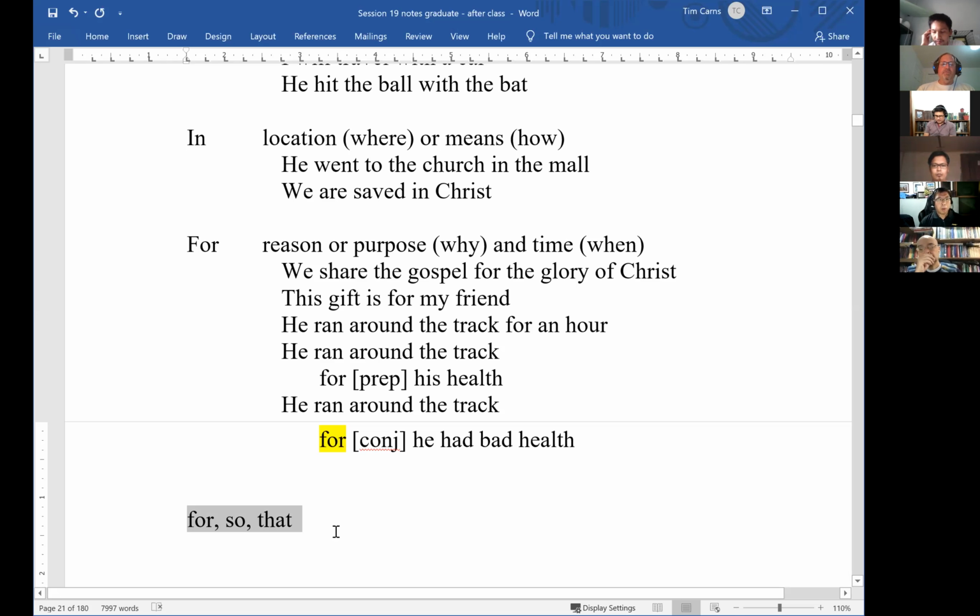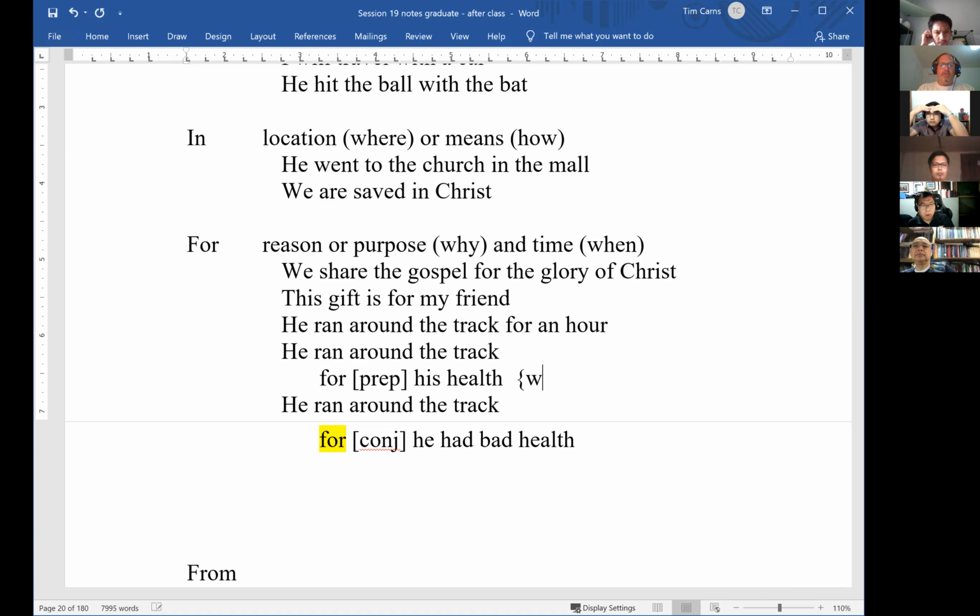But this is why I want you to understand what follows it, because what it's doing in both of these last two sentences is exactly the same thing. The word "for" in both cases, we would put in parentheses. It's answering the question why.